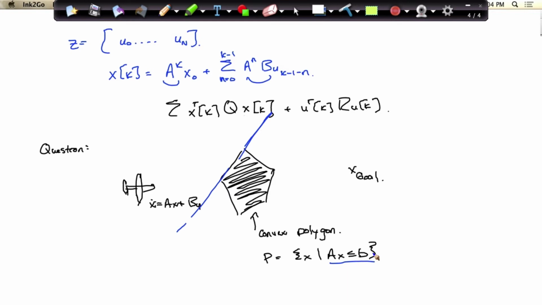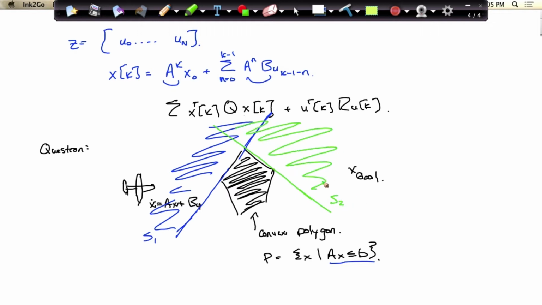Unless you're willing to, for instance, let's say I were to say that this is region 1, let me call it S1. And let's say this over here is region 2 when I'm on this side.